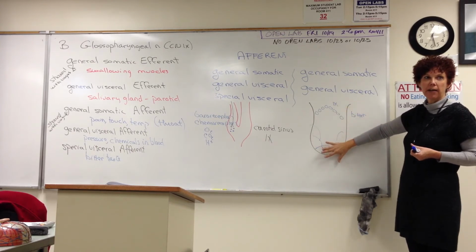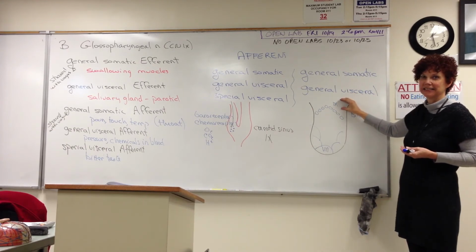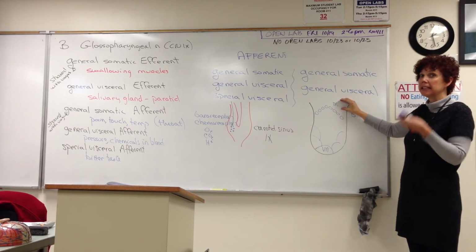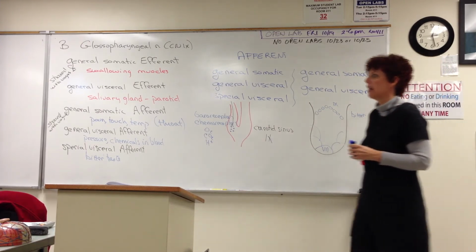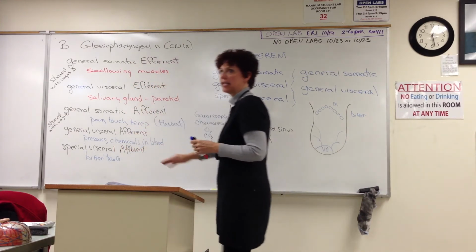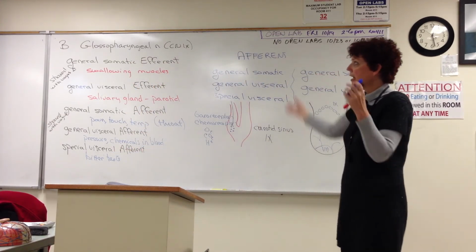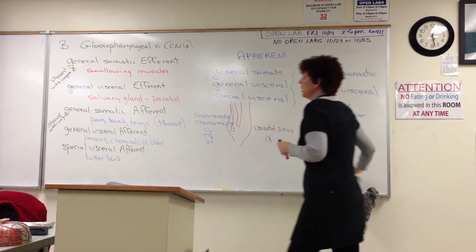So sweet, salty, sour is 7. Bitter is 9. Even when we get to vagus, we still have taste receptors, but those are in the mouth more than the tongue. Okay? So glossopharyngeal has all of these functions. I'm going to leave those classifications up for vagus. Just change the name.